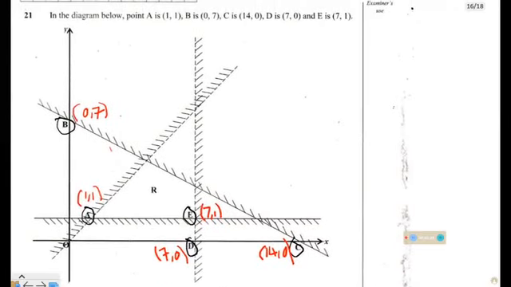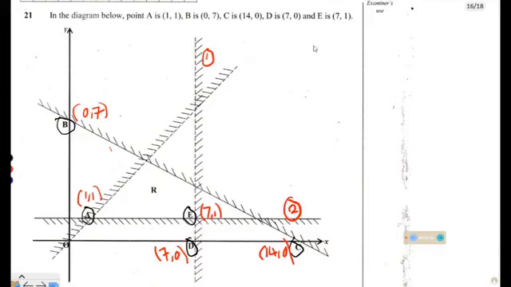So it's very simple. First, what you need to do is take note of the simplest lines. So I'll say this is our line 1, because it's easy to work out. Then say this is our line 2.